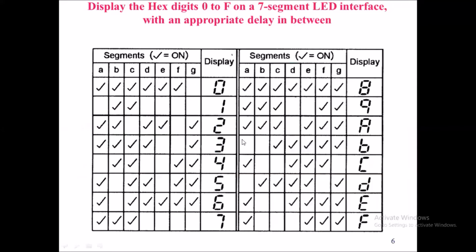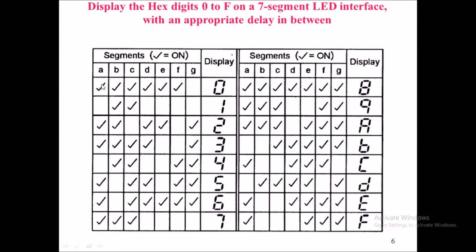So let's see how to display the hexadecimal digits ranging from 0 to F. If we want to display 0 on the seven-segment display, then all the segments from A to F should be lit on, and G should be off.